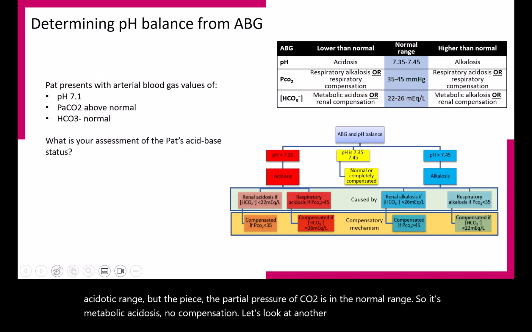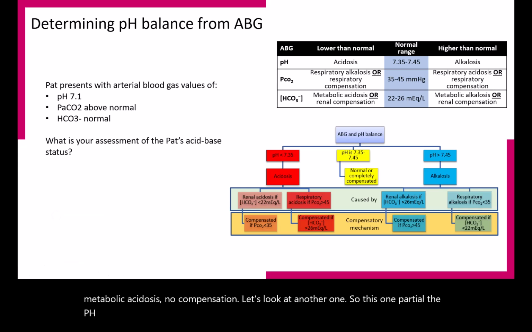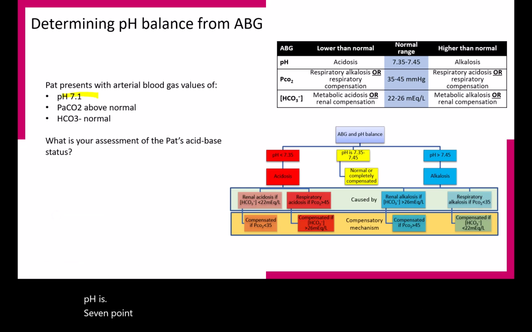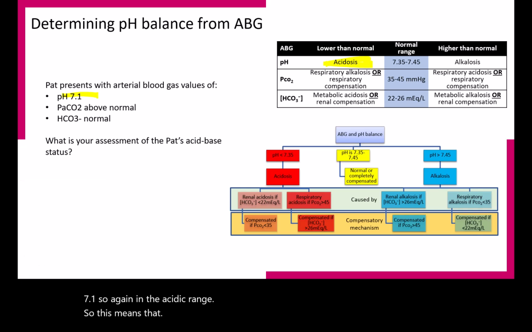So this one, the pH is 7.1. So again, in the acidic range. So this means that Pat has acidosis. PCO2 is above normal, so it is in this range.